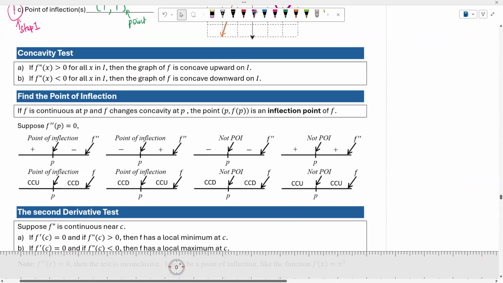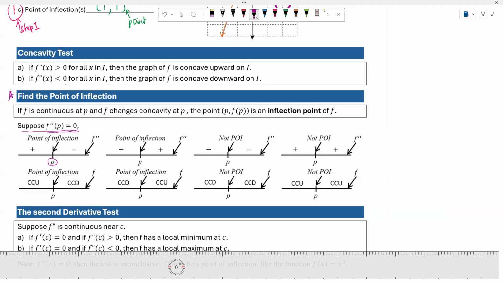Now, how do we actually find the point of inflection? If f is continuous at P and f changes concavity at P, then the point (P, f(P)) is an inflection point of f. The idea is first, suppose that f double prime of P is equal to 0.